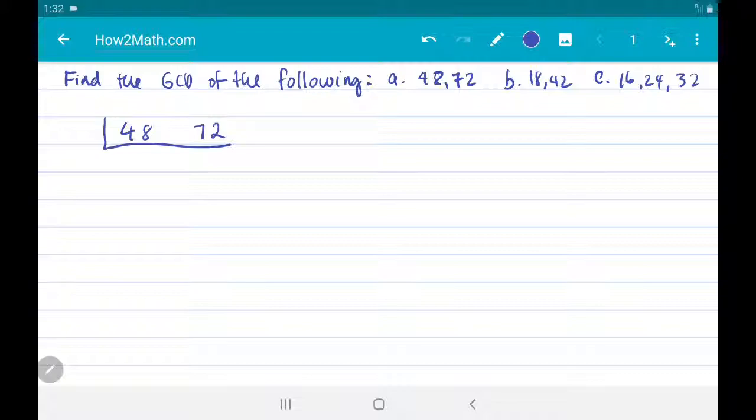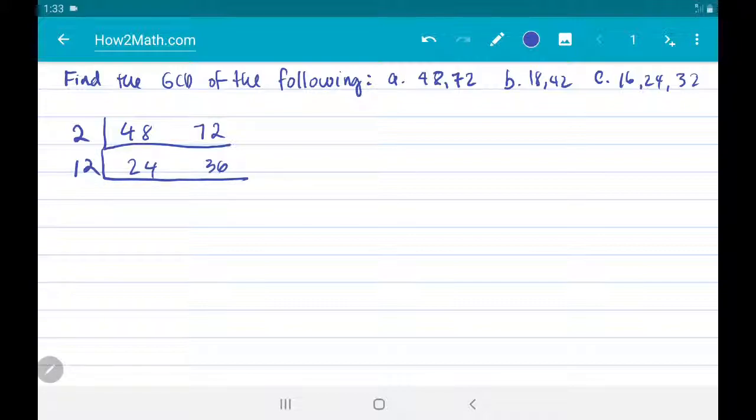So it's actually a letter L. And then find the largest possible divisor. So for example, if it's 48 and 72, I think the obvious number is 2. And then this is 24 and this is 36. And for 24 and 36, I think it's very familiar that they are both divisible by 12.